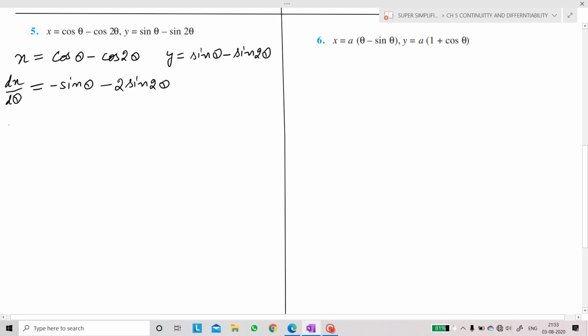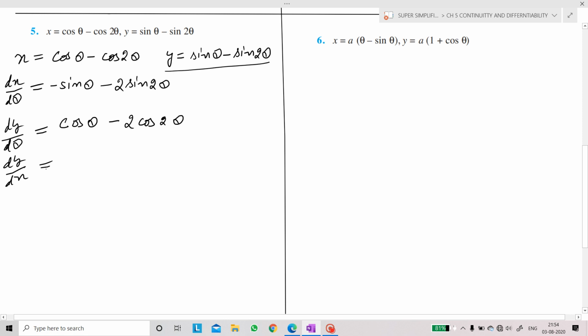Similarly, we find the derivative of the second expression, this one, with respect to theta. So the derivative of sin theta is going to be cos theta, minus the derivative of sin 2 theta, which will be 2 cos 2 theta. Now we have to find dy by dx.